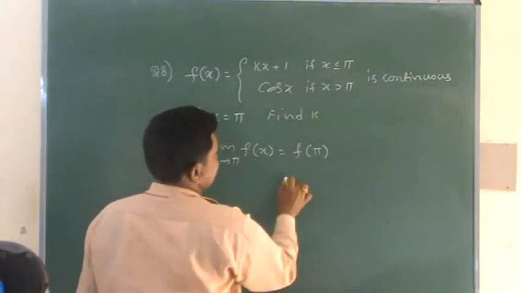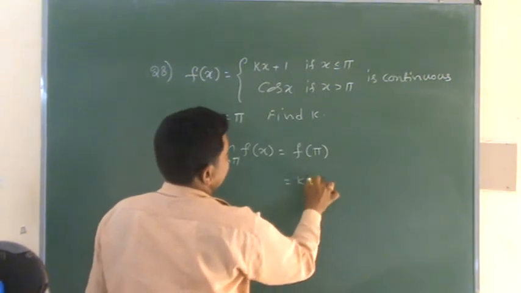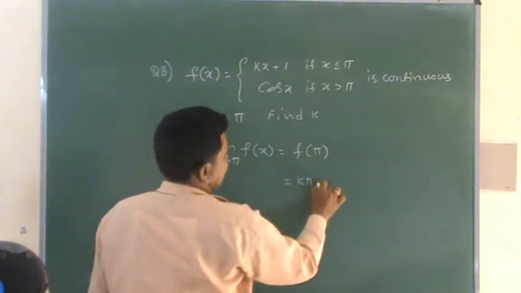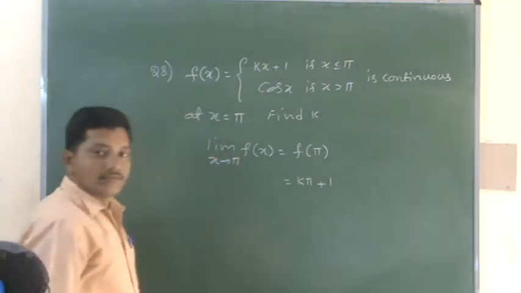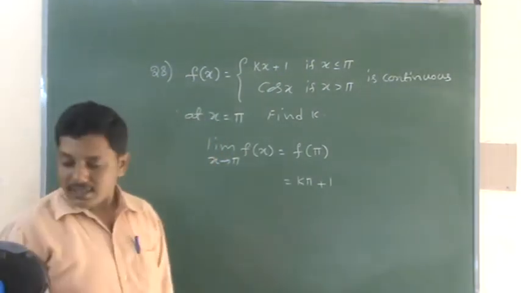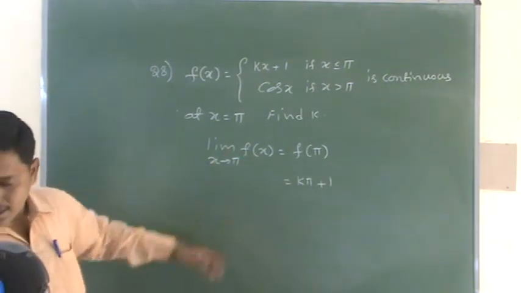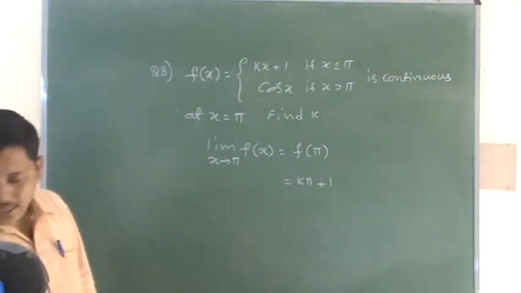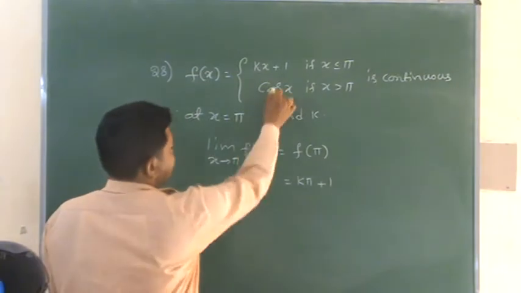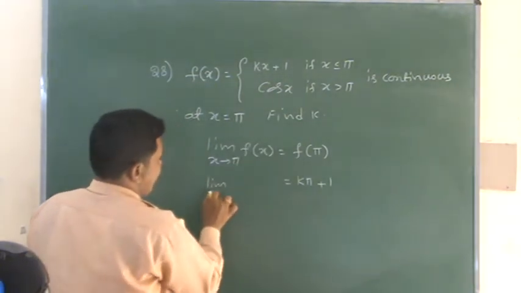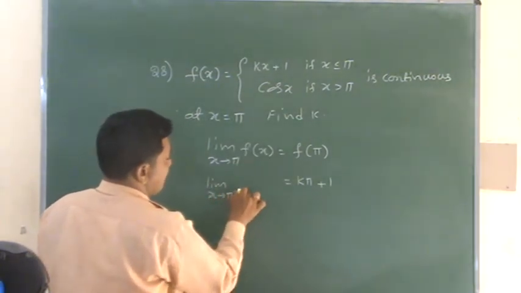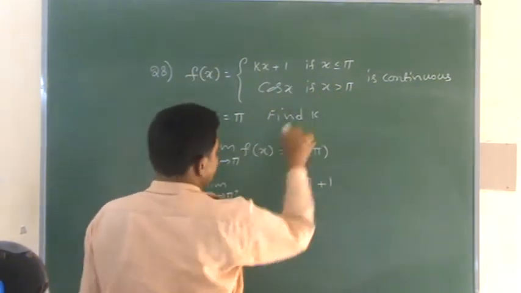Here the condition is k pi plus 1, yes or no? This is the condition. Now I check with limit x tends to pi of cos x. Either plus or minus; here I take greater than, that's why plus.